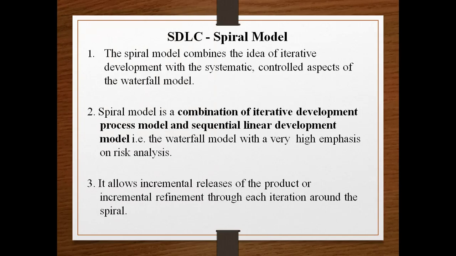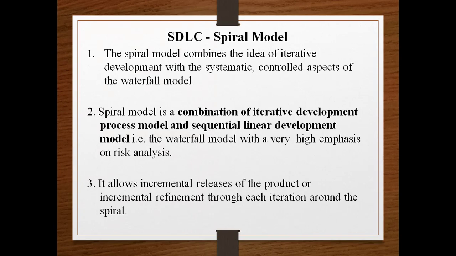So here there are two models merged together, that is iterative and waterfall model. The spiral model is a combination of iterative and sequential linear development model, that is called the waterfall model, with a very high emphasis on risk analysis. So the spiral model revolves around risk analysis. It allows incremental release of the product or refinement through each iteration around the spiral.